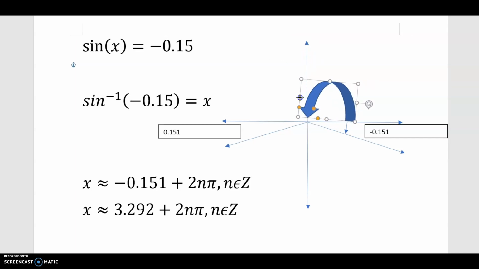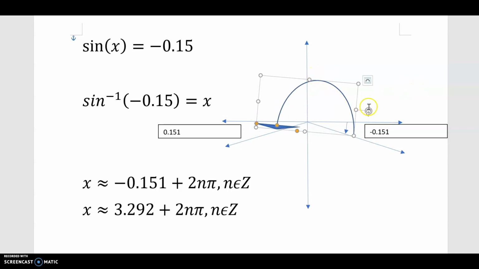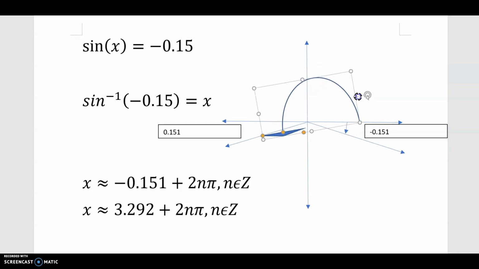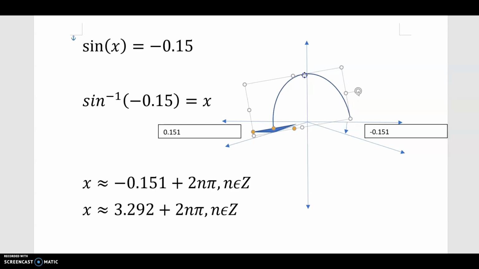I know this looks really big. This is looking a little silly, but you guys are going to get the picture here.